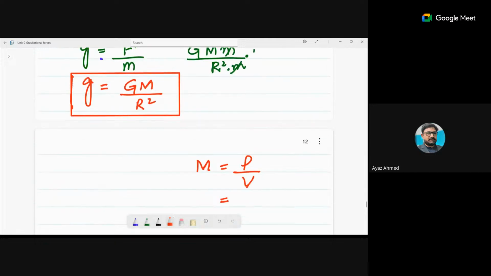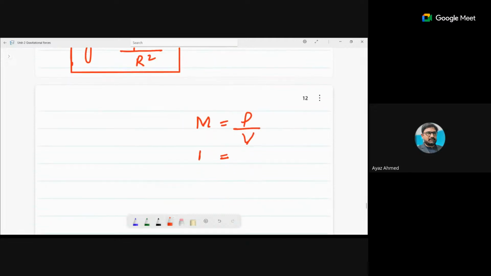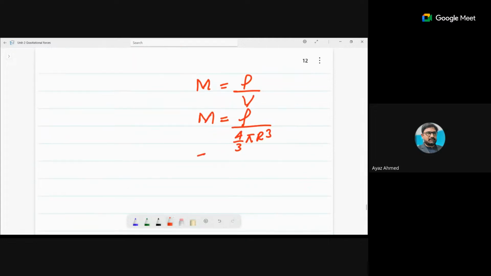If mass is not there, then what do you have to do, you have to pick up the mass from here. So mass is equal to density divided by 4 by 3 pi r cube. So this would be transformed back and it would become 3 rho divided by 4 pi r cube.